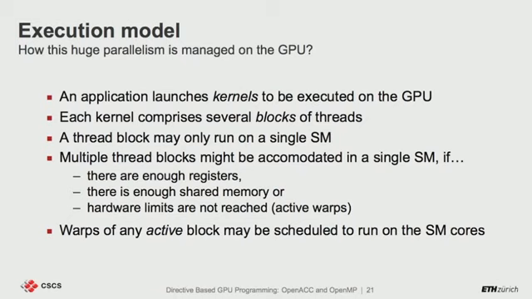There are three factors that control how many blocks can be accommodated in a single SM. So, are there enough registers? If, for example, my kernel takes a huge number of registers and I have 256 threads per block, then probably I could just put a single block, but then I wouldn't utilize the device completely.